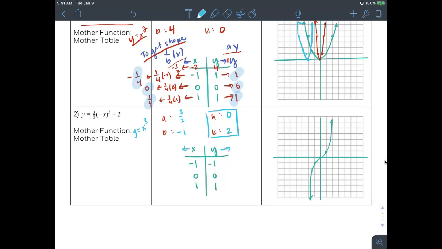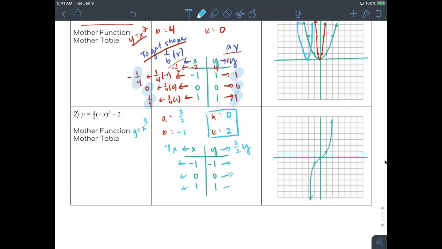So the Y stretch value is actually the A value, so it's 3/2 times what my Y values were. And for my B values, I need to switch this to 1/B, so negative 1 over 1 times X.